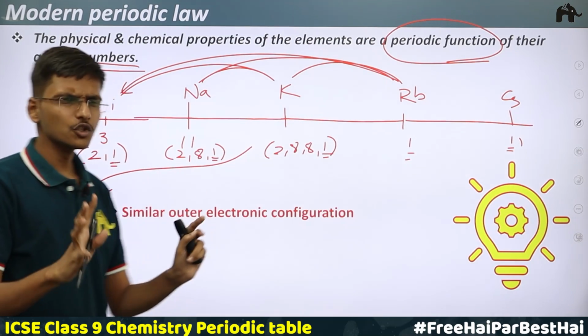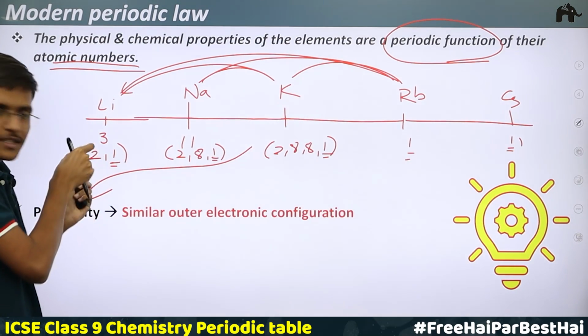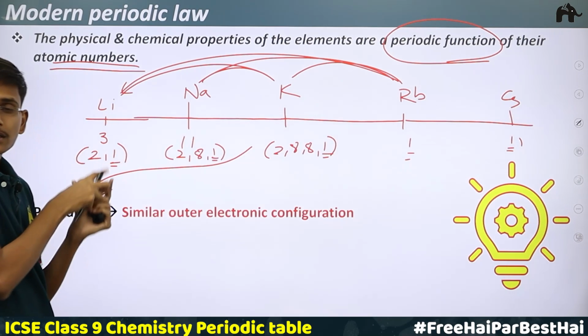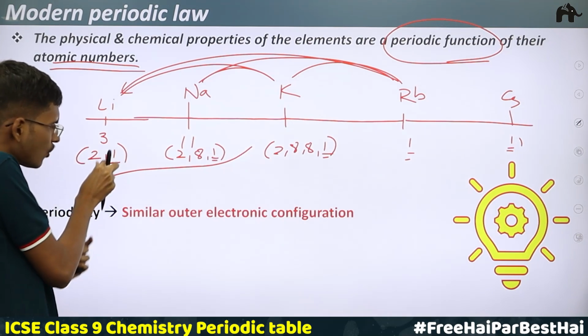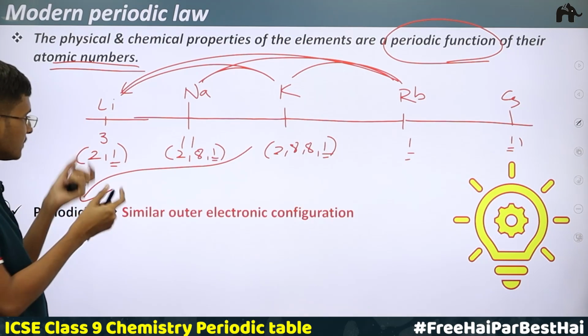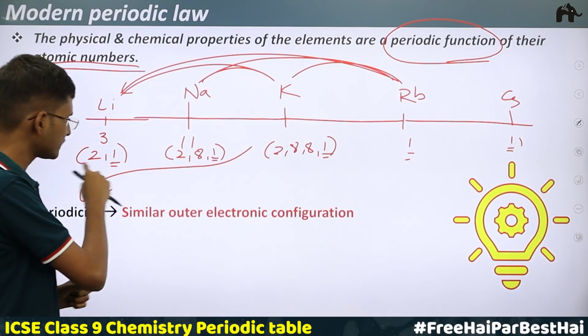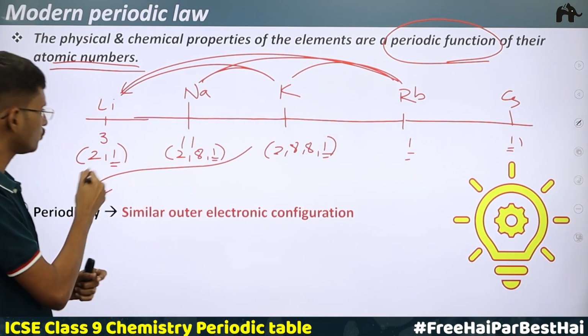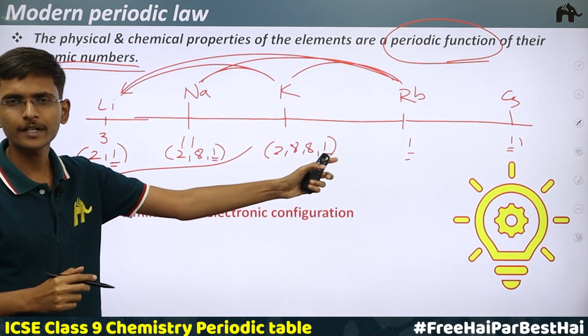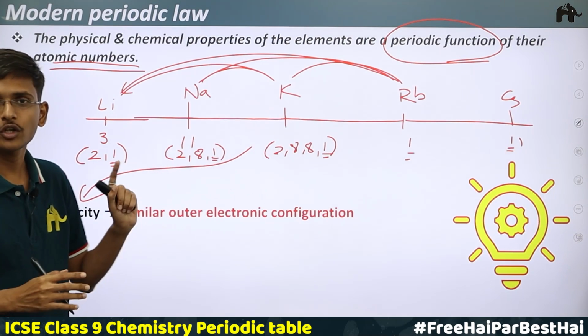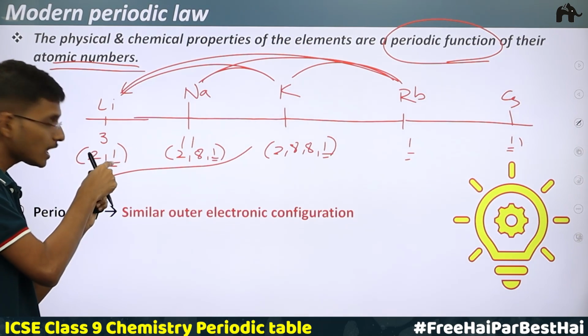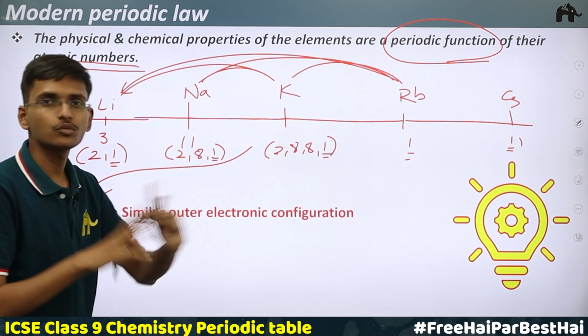So this means that they have a similar outer electronic configuration. We all know 2,1, 2,8,1, 2,8,8,1 are electronic configurations, but now we are talking about the outermost orbits or outermost shells.